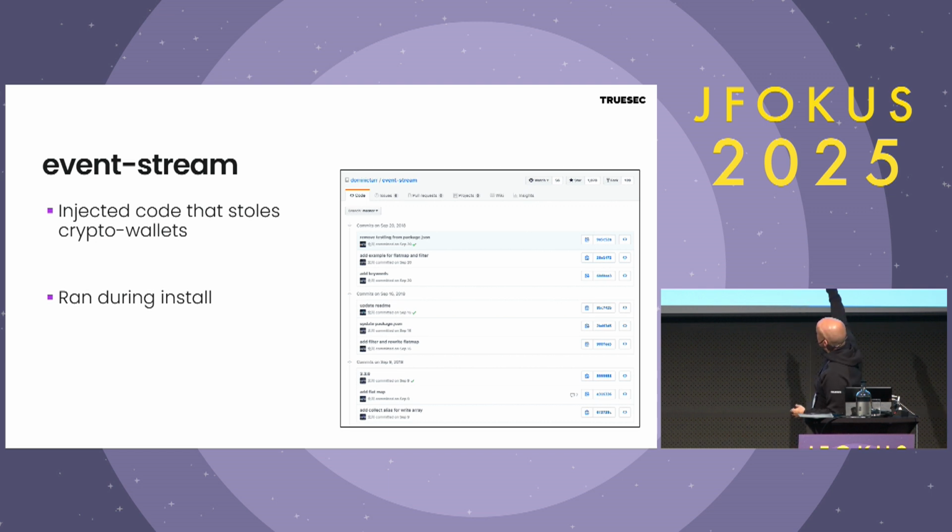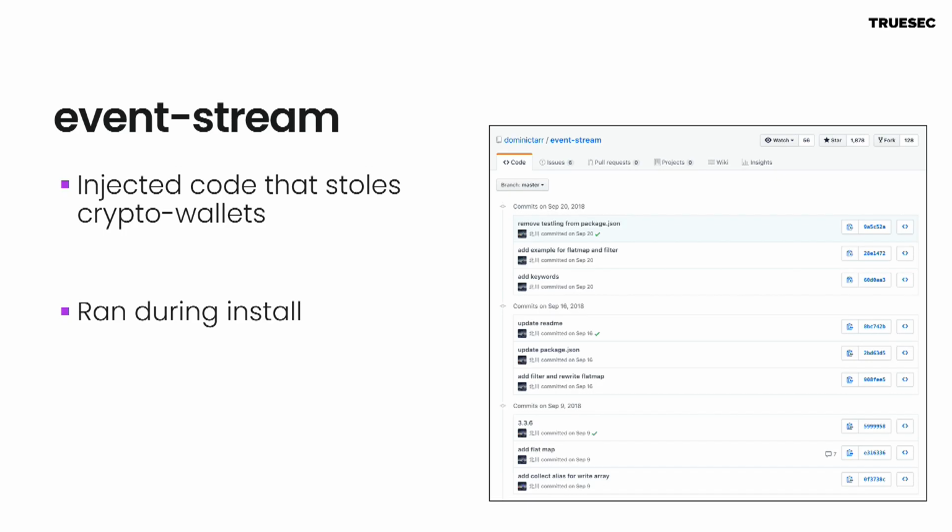And then 7 days later, on the 16th of September 2018, he or she updated this project and said, I removed the third-party component and just did an actual implementation of the flatmap functionality instead. In these 7 days, I think this repository was used 1.9 million times or something like that.